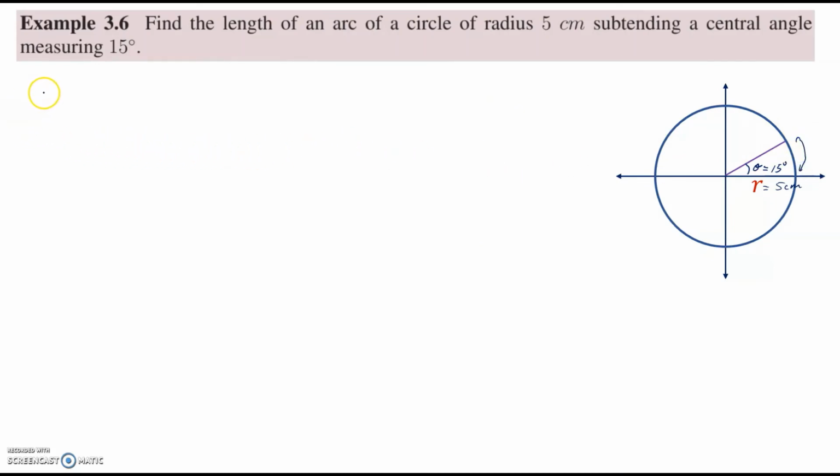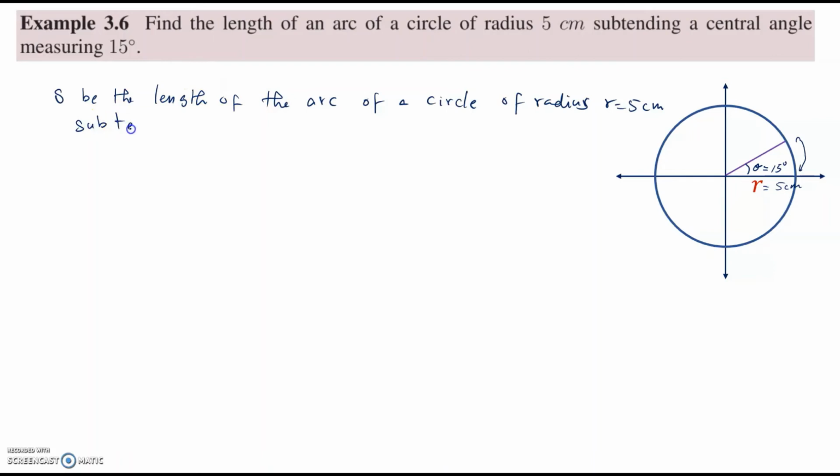Now, let's define S to be the length of the arc of a circle of radius r equal to 5 centimeters subtending a central angle theta, which is equal to 15 degrees.